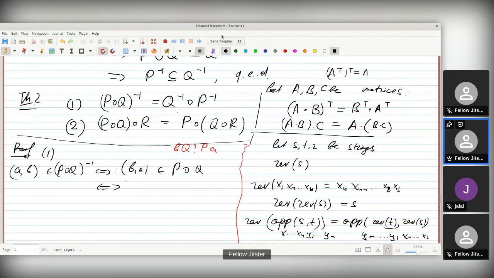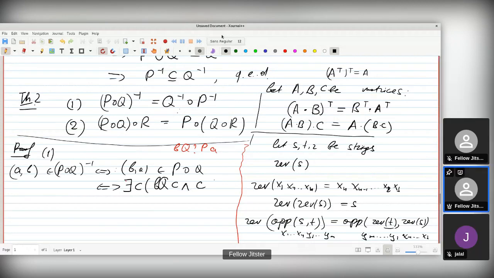So then there exists C such that, please be careful, BQC, what is written last acts first. We shall see why it is so later. So BQC and CPA.